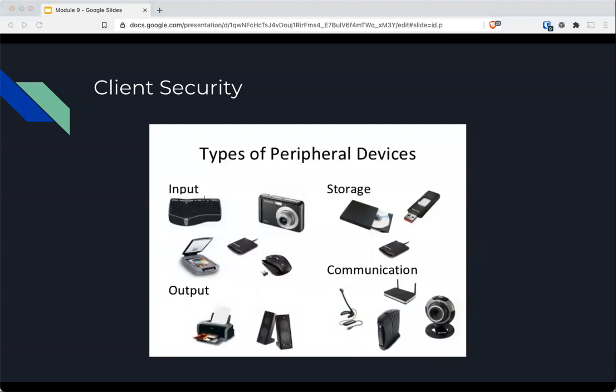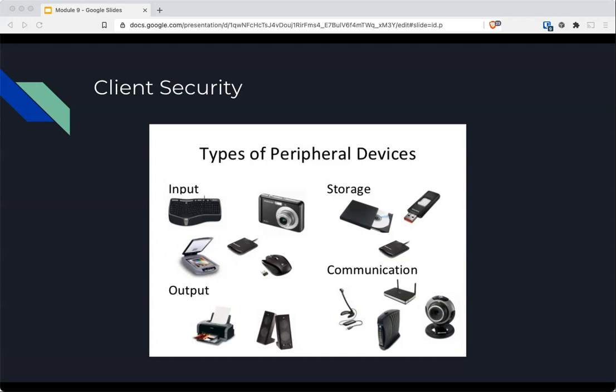The easiest policy when it comes to peripheral devices is to deny all. That is a very simple way to just block out all devices. And one easy way of making the network safe is saying no external device can be connected.